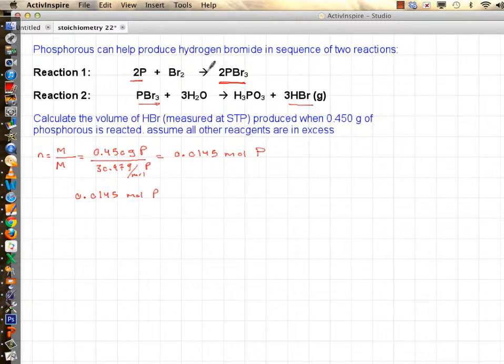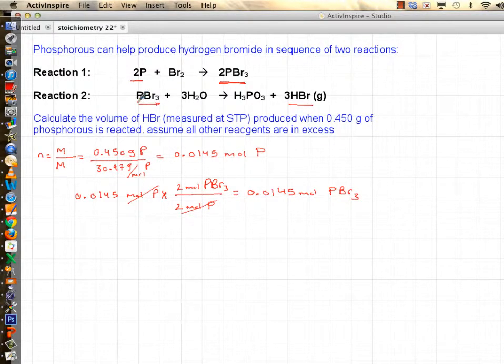Now it's 2 to 2 or 1 to 1, but if you don't mind, I'm going to solve it as usual. For every 2 moles of phosphorus in the denominator, I have 2 moles of phosphorus tribromide. So it will give me the same number, 0.0145 moles of phosphorus tribromide.